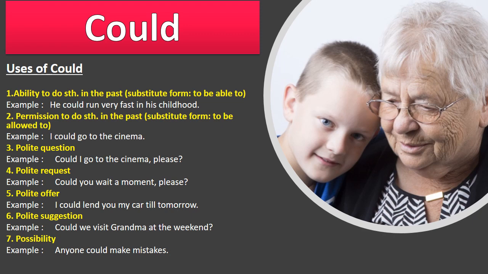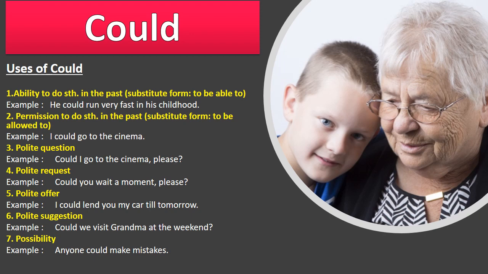Number 2, permission to do something in the past. For example, I could go to the cinema. It is also used to express polite question. For example, could I go to the cinema please? Polite request. For example, could you wait a moment please?